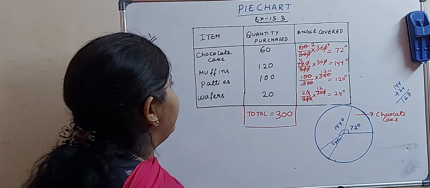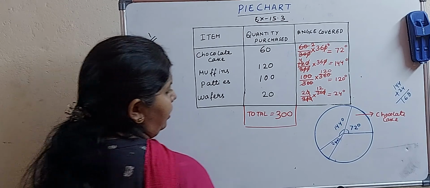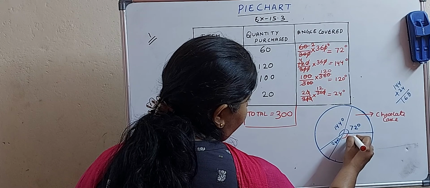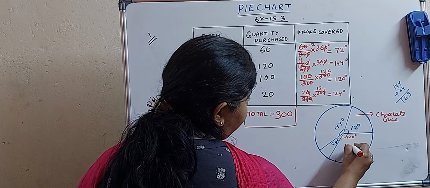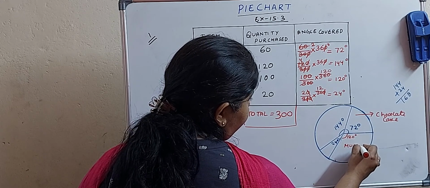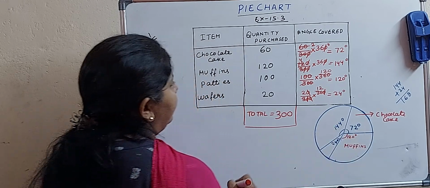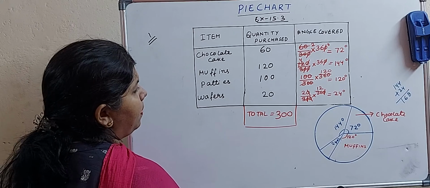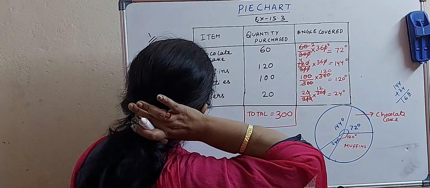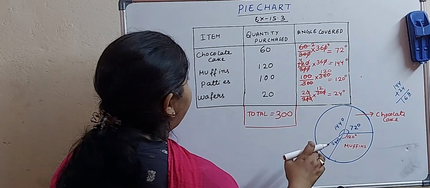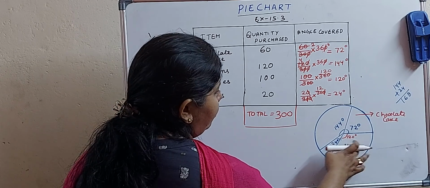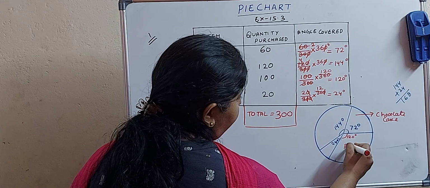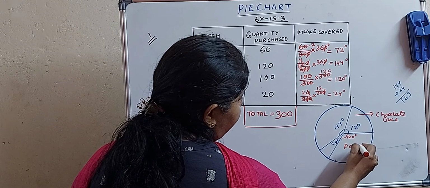Next is muffins. Muffins is 120 degrees. You have space inside, you can write muffins easily. Then patties. Sorry, 120 degrees is not muffins, I am sorry. 120 degrees is patties. I have written muffins, I am sorry.